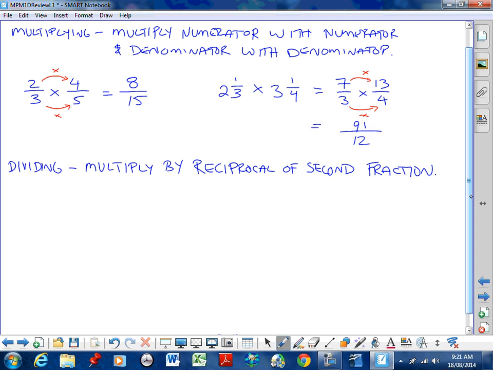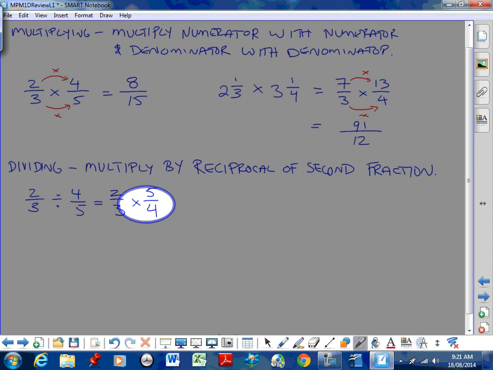So now if we go 2/3 divided by 4/5, what I want to see when you write out your answer is that's really 2/3 times 5/4. You flip the fraction, physically write the multiplication sign. There's no shortcut here in the grade 9 course. I need to see that step.